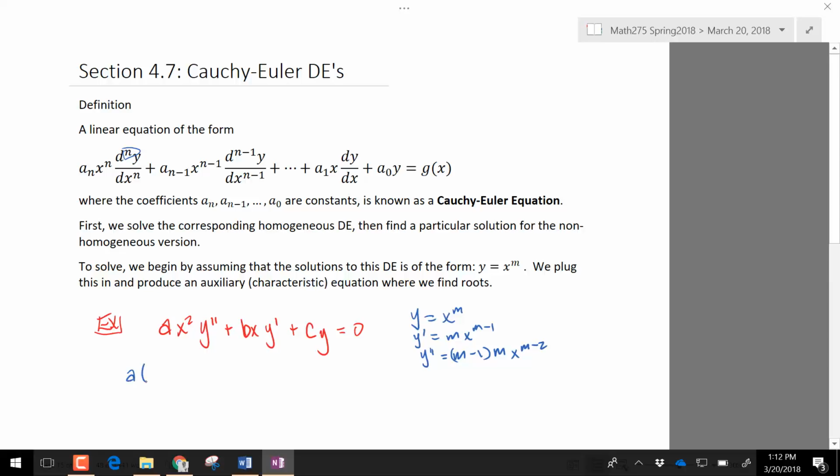We get a times x squared, and then our second derivative. So this is our second derivative, and then our first derivative is next to the bx. First derivative is m x to the m minus 1, and then our original function was x to the m.